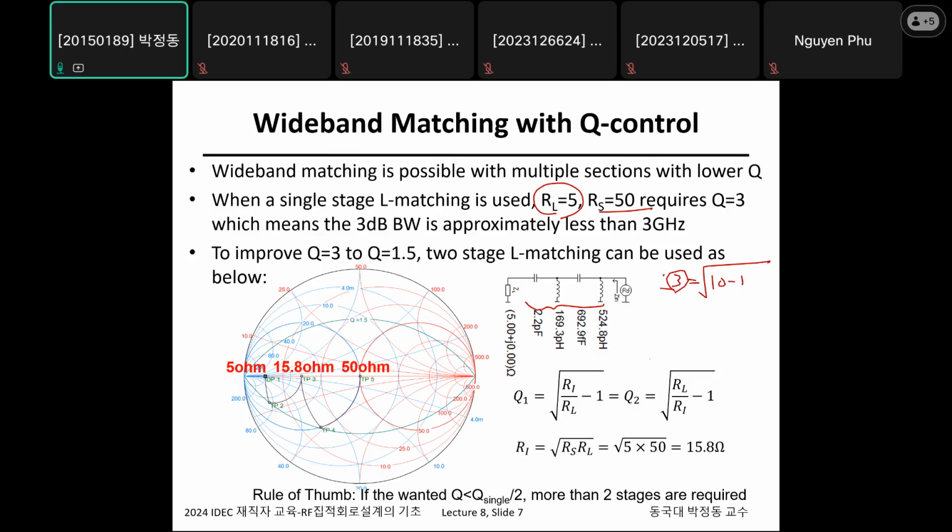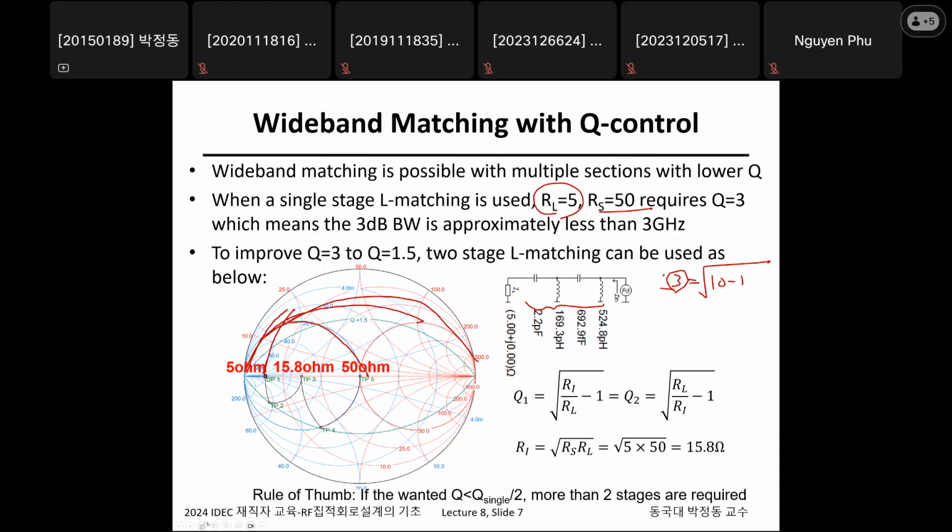So basically, you want to touch this, which is 1.5, maybe 3 is around here. This must be around 3.